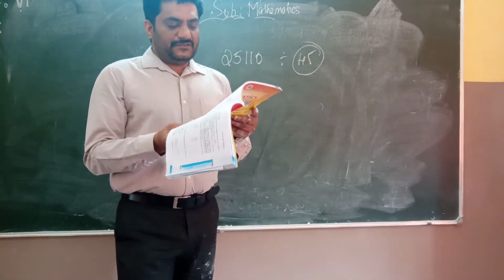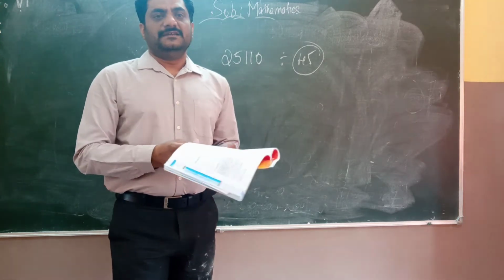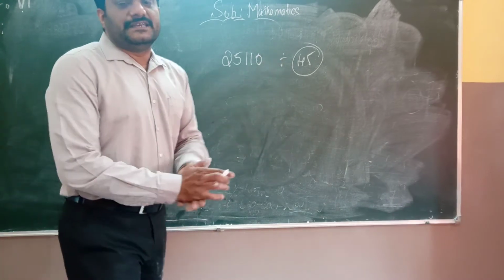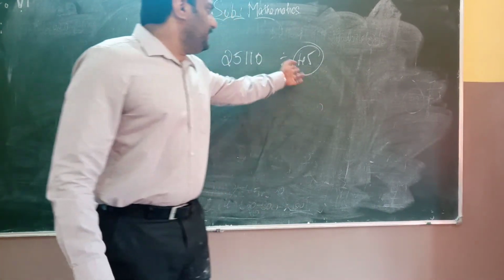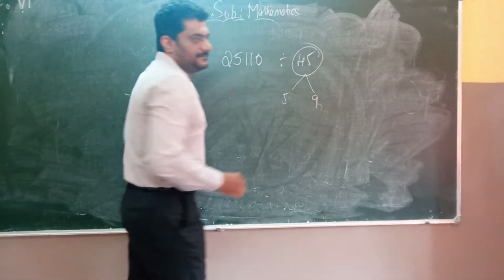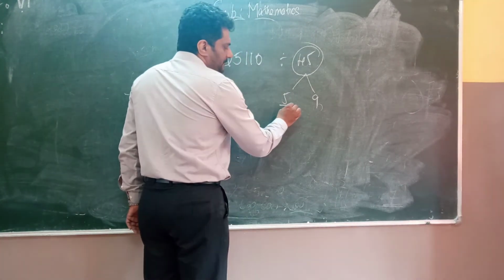Determine if 25110 is divisible by 45. Now, do we know the divisibility test of 45? How can we split 45? Can I write 5 times 9? Is this correct? Now, what are the factors of 5?